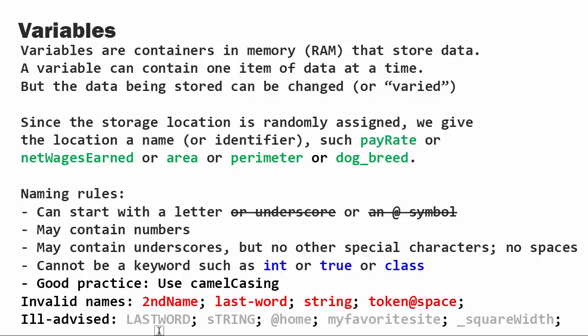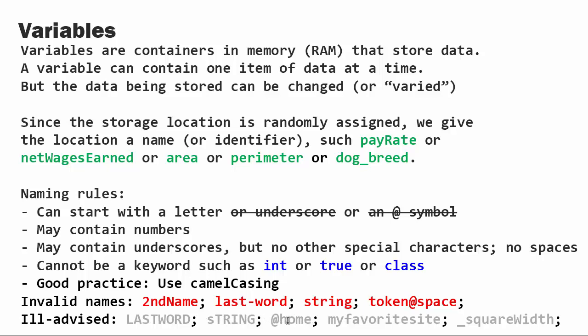Some others that are legal but really kind of ill-advised would be to capitalize your identifier name, such as Last word. You can change the casing in C#, so String with an uppercase S, alongside the keyword with lowercase s, is actually a valid name. It's just not recommended, and it would be confusing for you reading your code. Avoid that. Again, you can start with the @ symbol.